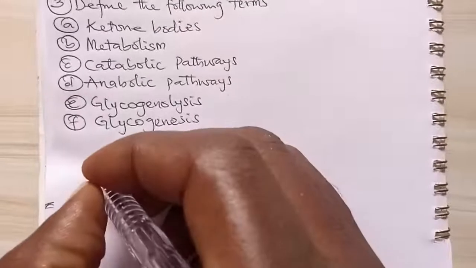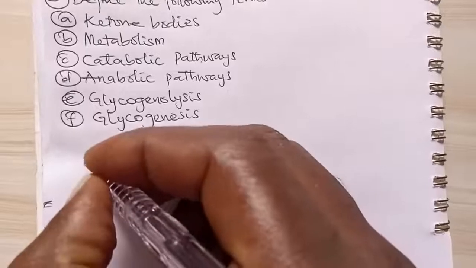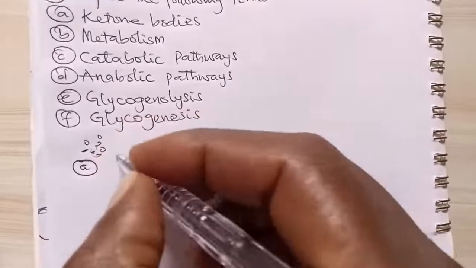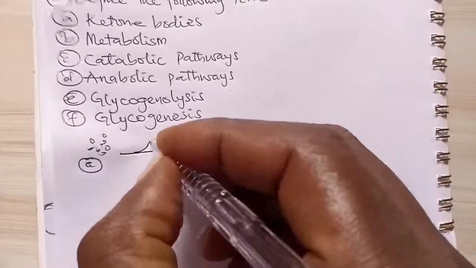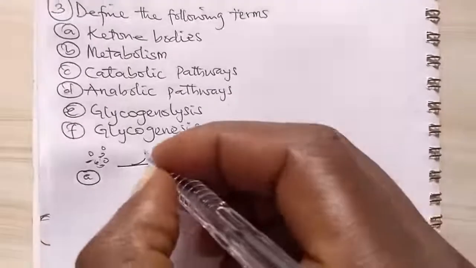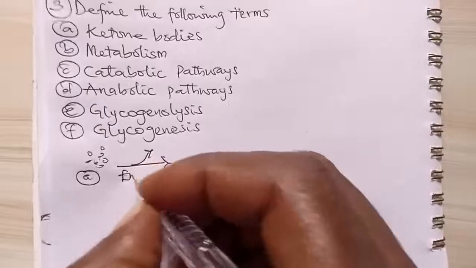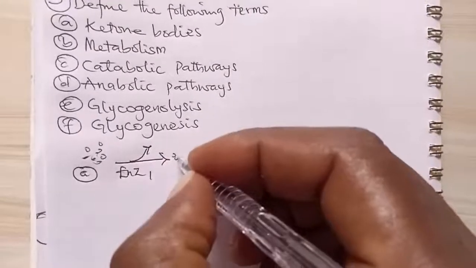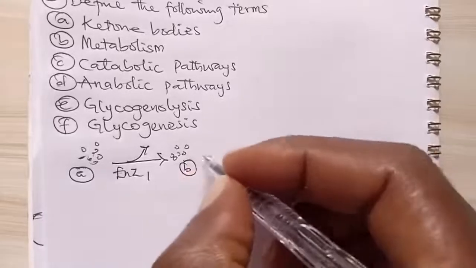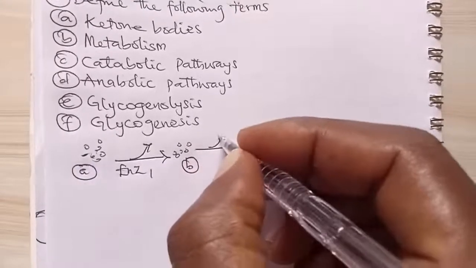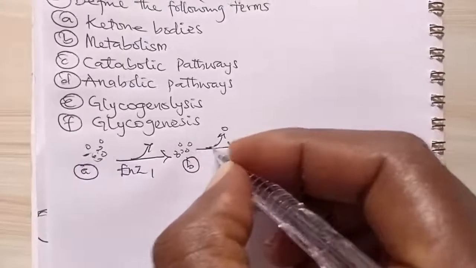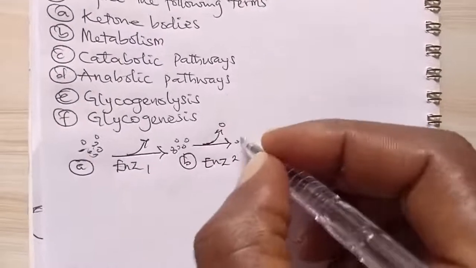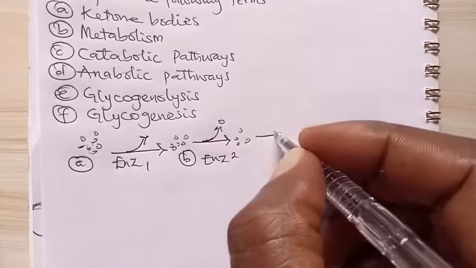We can have, like for A now, we have all these particles and it moves. So it releases energy. It can be enzyme 1. So the second one still moves, releases energy. We call this enzyme 2. Still moves forward.